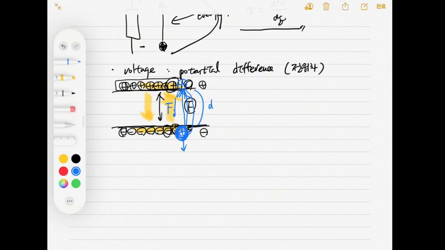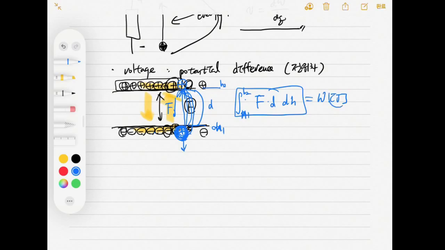Then to move this positive charge to here, the charge should get some energy, from this point H1 to this point H2, with force F and distance D. So F times D, this is a kind of energy. So it's a joule.